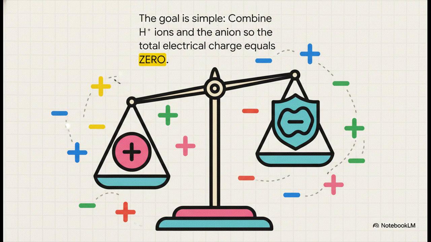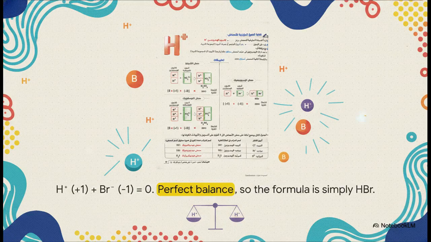The positives and the negatives have to perfectly cancel each other out. That's the entire game. Let's start with a really simple one, hydrobromic acid. Okay, so the hydrogen ion, H+, has a +1 charge, and the bromide anion, Br-, has a -1 charge. Well, +1 and -1 equals 0, a perfect balance. So the formula is just HBr, one of each.